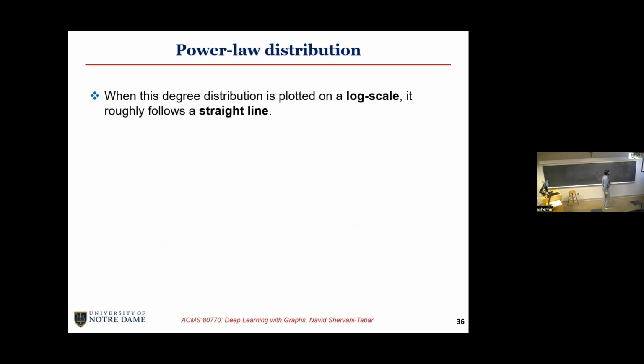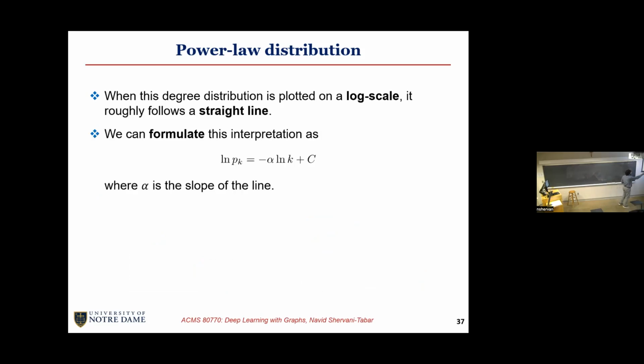Now, if we take this distribution and represent it in a log versus log scale, meaning log of frequency and log of the degree, we see that it is basically a straight line. So if I want to write that mathematically, I should say that ln of our probability pk is equal to negative alpha, some slope, times ln of k, k being our degree, plus some constant.